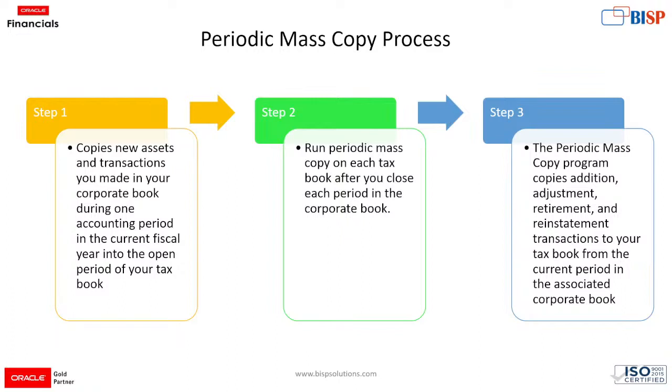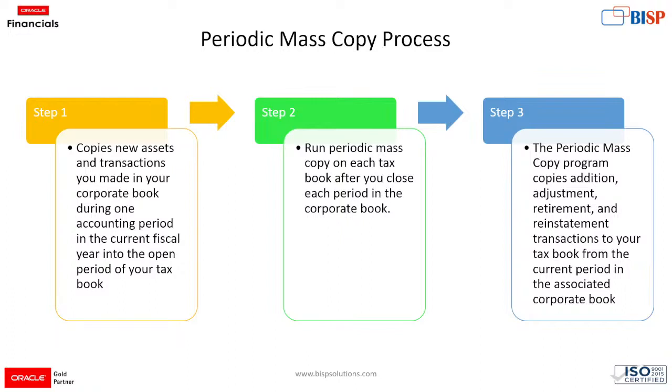Since the tax book shares the category and assignment with the associated corporate book, you do not need to copy the classifications or transfers from your corporate book to your tax book.